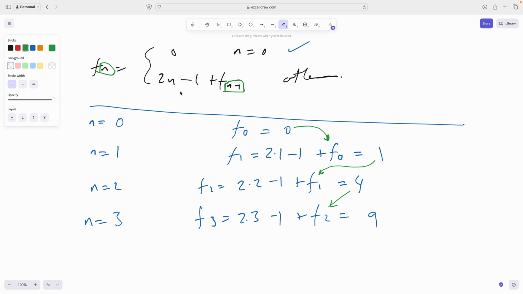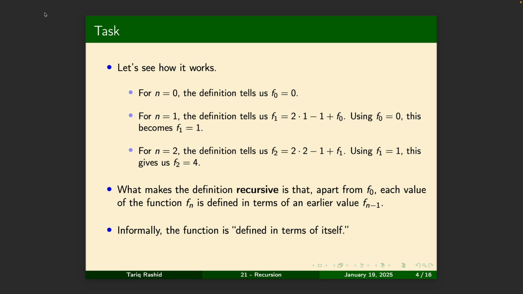But this is just to show you how this kind of definition works, how we can evaluate that function for values of n. Right, and by the way, just to go back to that definition of recursion, we won't do a very technical definition, but it's recursive because each value is calculated from a previous value.